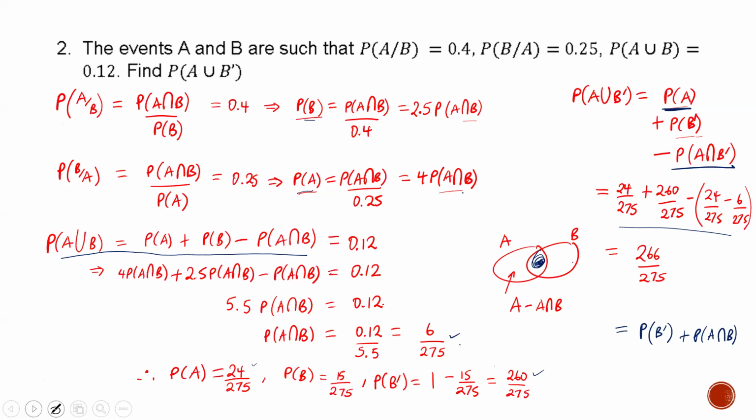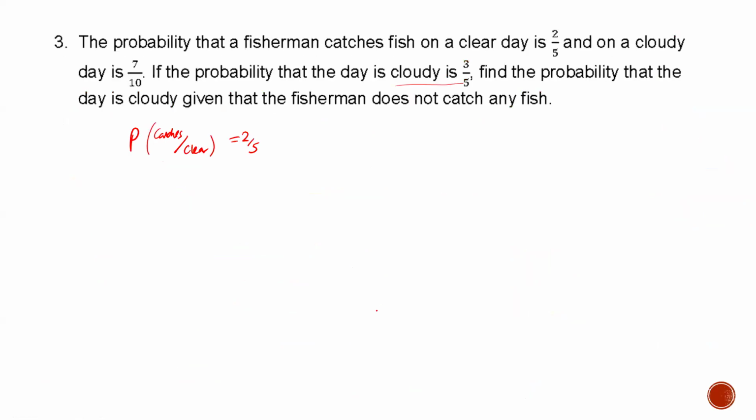There is none. We can move to question 3. Sorry. Yeah. So question 3 again is about conditional probability.